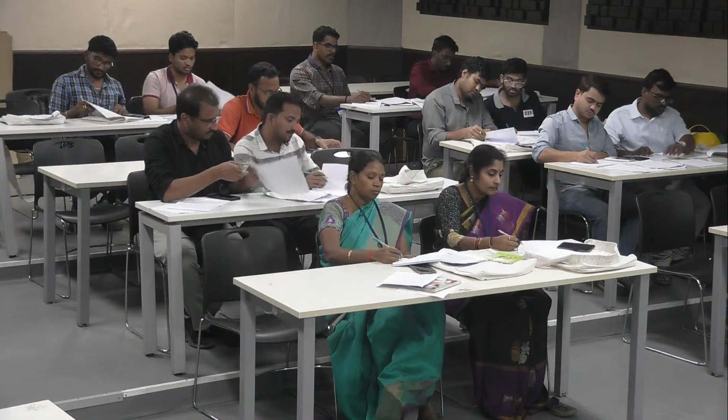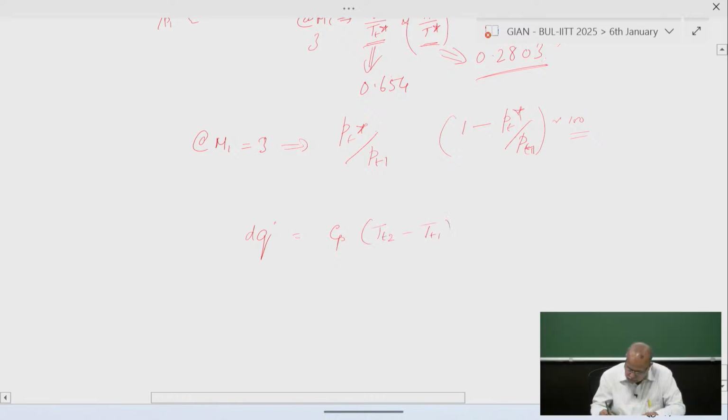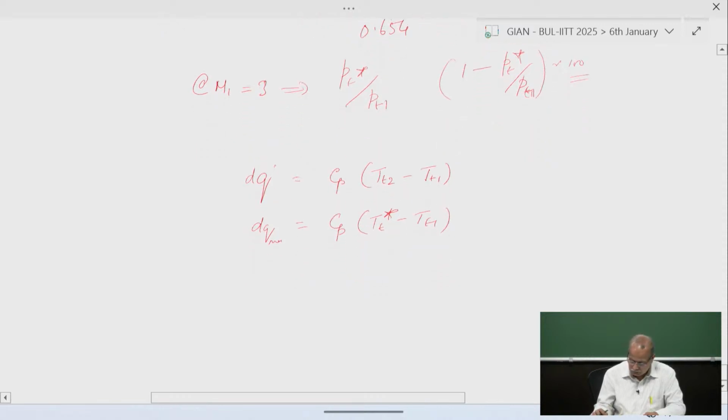So to calculate the heat flux, dq is equal to Cp Tt2 minus Tt1, but it is the heat that is required to choke the flow, Tt star by Tt1. This is the maximum. So what is the fuel-air ratio that is required to choke?